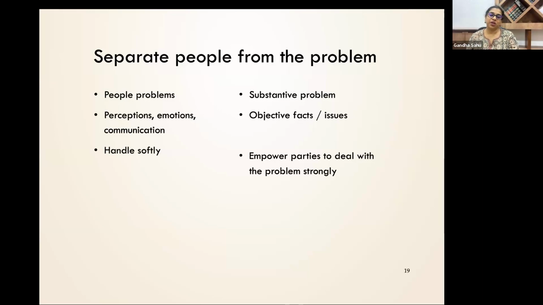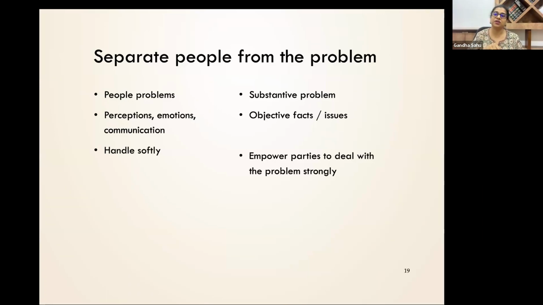Also, when we are in mediation, we say that we are solving problems. And many times when you come to the table, the problem will be quite complex.